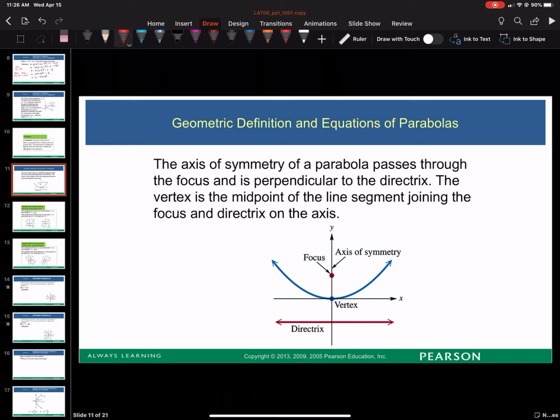So this would be your focus, and then we have our directrix. In this case, this is y is equal to some number b. Then we have our vertex, which is (h, k), which is the midpoint between the focus and the directrix.